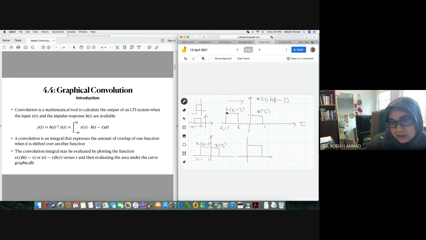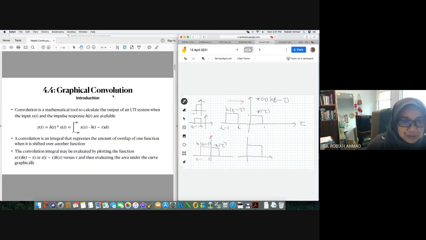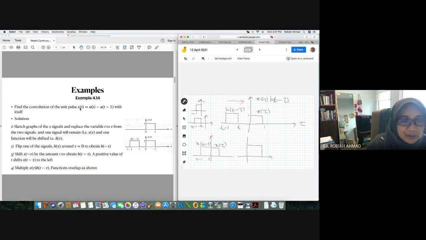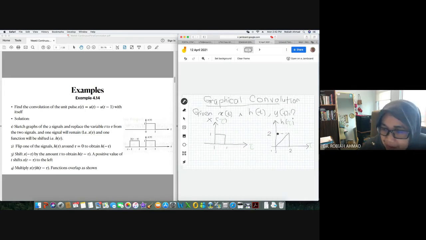One is the unit pulse that we defined earlier, and h(t) now is also this unit pulse.